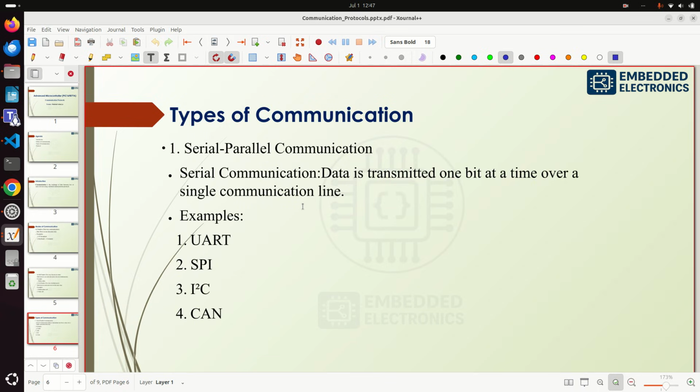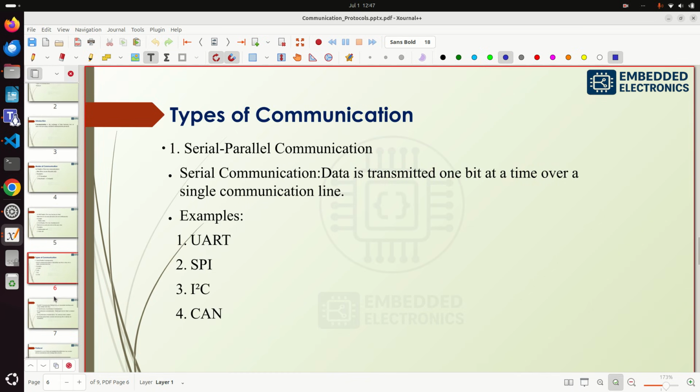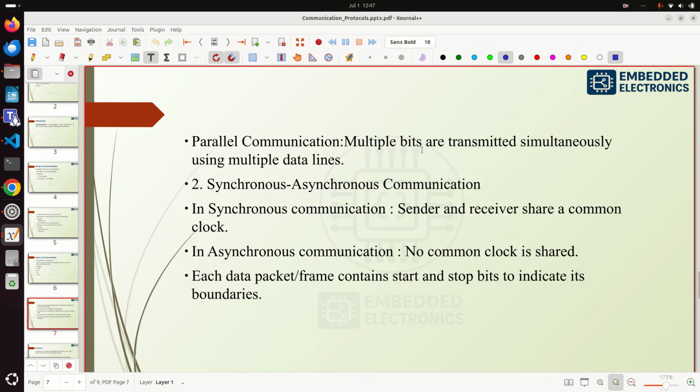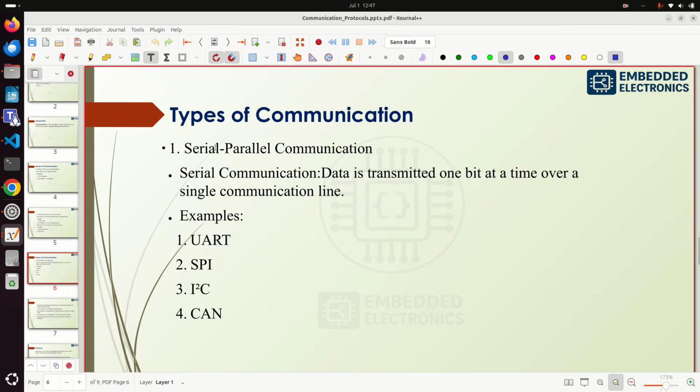But in case of parallel communication, multiple bits are transmitted simultaneously using multiple data lines. But in case of serial communication, it is bit by bit communication. For example, UART, SPI, I2C and CAN protocol. So these are the example protocols. All these example protocols come under serial communication.